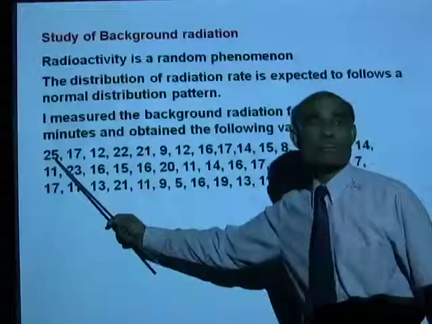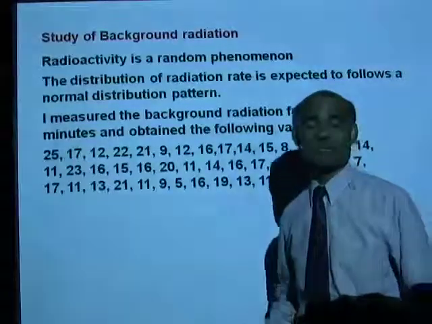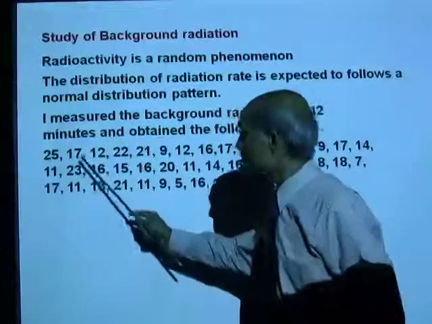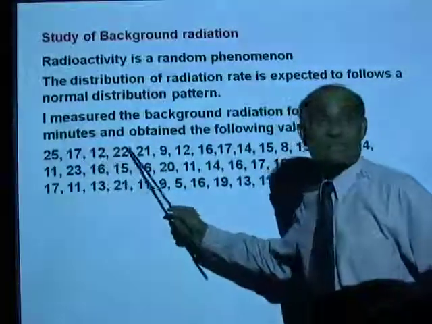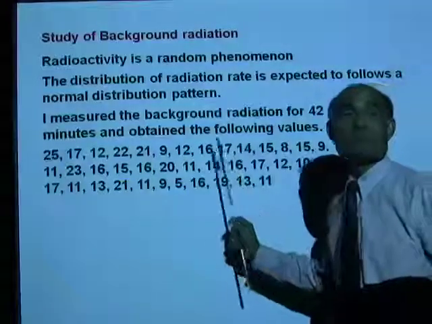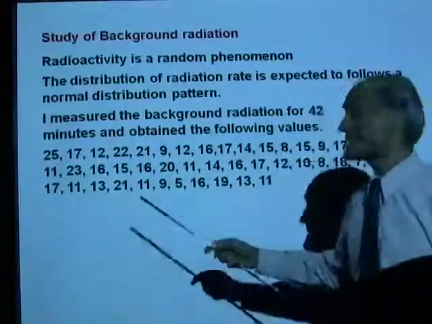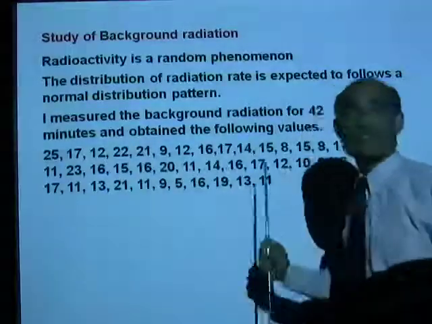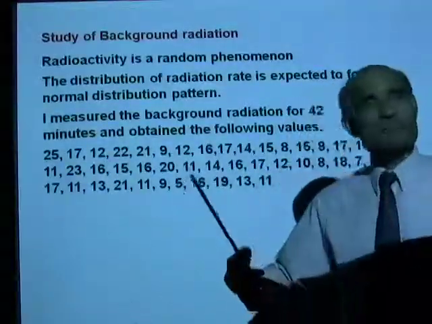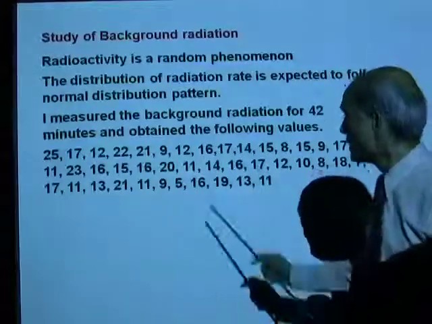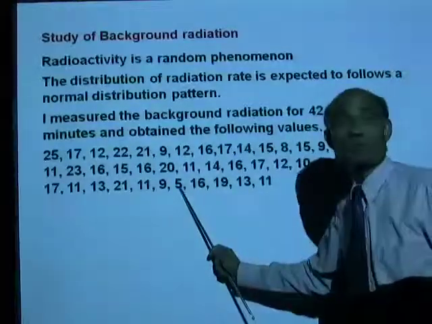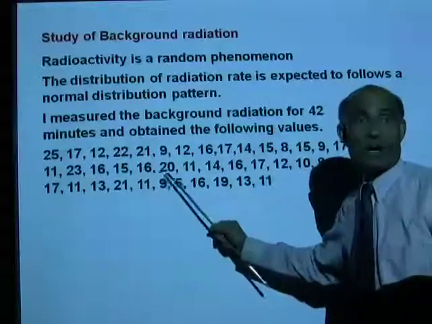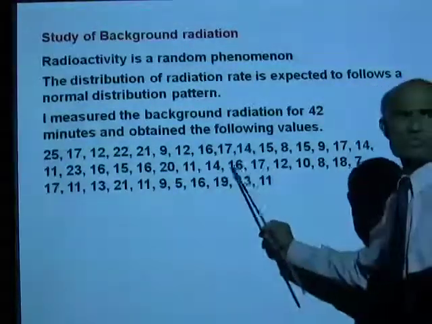There were 25 radiations detected in the first minute, 17 radiations in the second minute, and so on. These are the number of radiations detected in 42 minutes. You can see, if you generate numbers at random, they will look like this. In some cases, I got only 5 radiations. In some other cases, I got as high as, what's the maximum number?